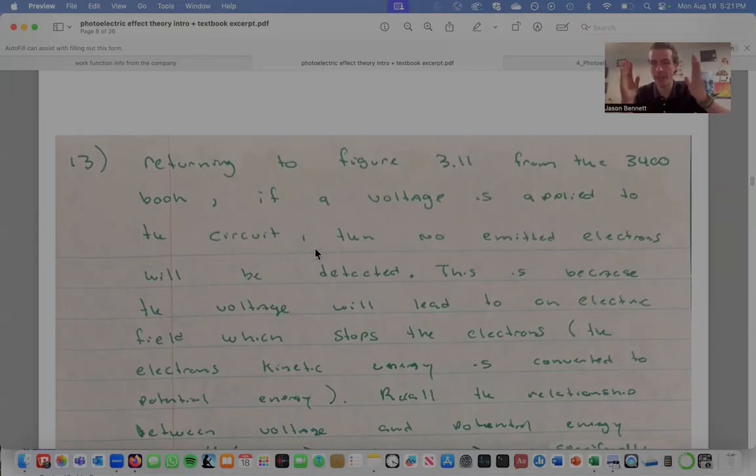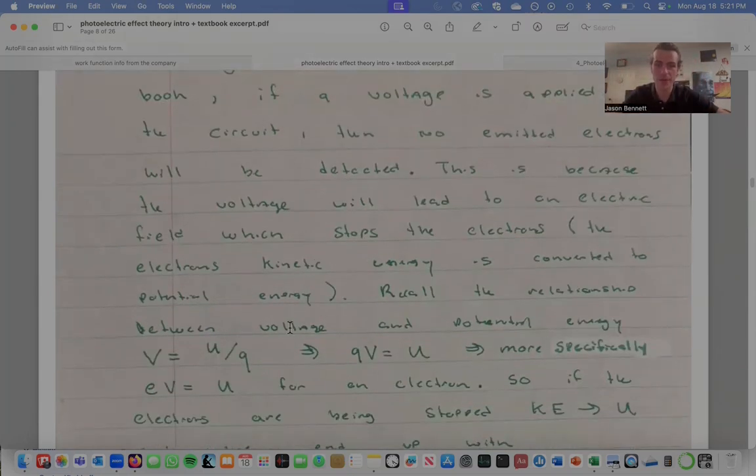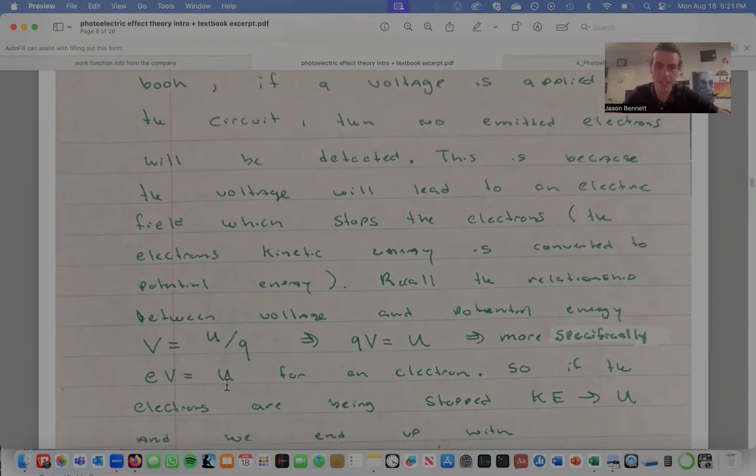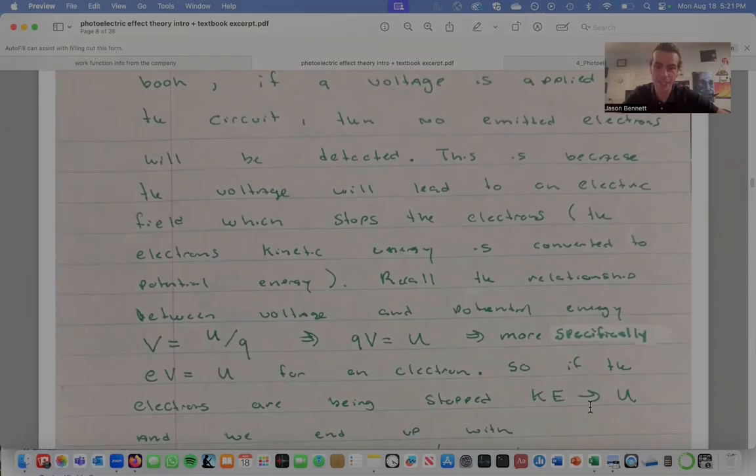If you apply a high enough voltage, that energy will be effectively converted to potential energy, all that kinetic energy. So if we think about the relationship between voltage, some potential difference, and potential energy, I'm just going to use the symbol U here. What we're saying is that the kinetic energy, 1/2 mv squared, has been converted to the electron charge times the voltage across the plates.